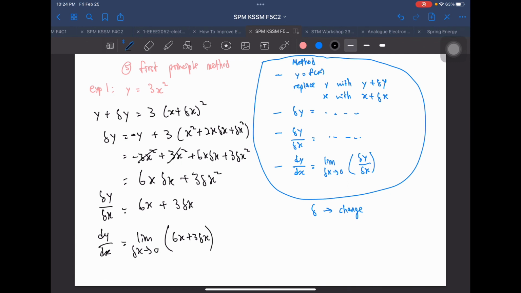So this equals 6x plus 3 times 0, which is 6x. So can I say that dy over dx equals 6x, and we are done.